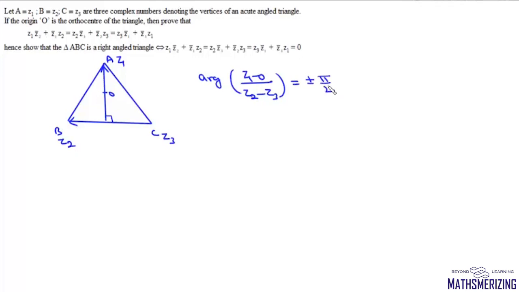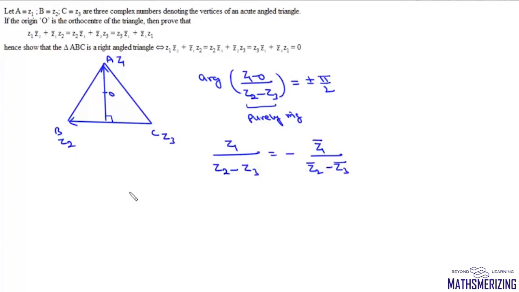And if the argument is plus minus pi by 2, that means this complex number is purely imaginary. And if it is purely imaginary, then Z equals minus Z bar. So we can write Z1 upon (Z2 minus Z3) is equal to minus Z1 bar upon (Z2 bar minus Z3 bar).